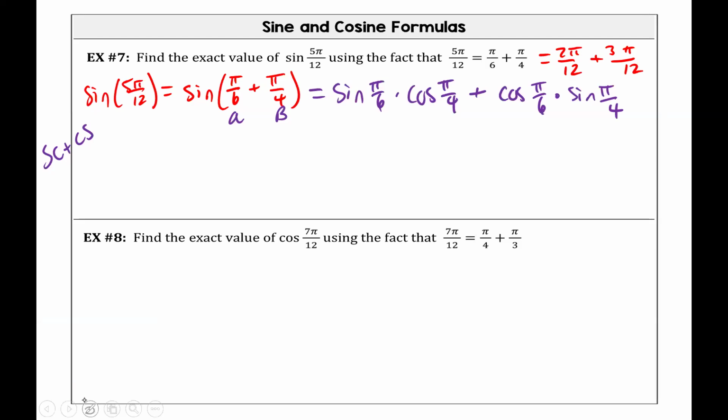And then at this time, your handy dandy unit circle comes out. What is the sine of pi over 6? 1/2. What is the cosine of pi over 4?